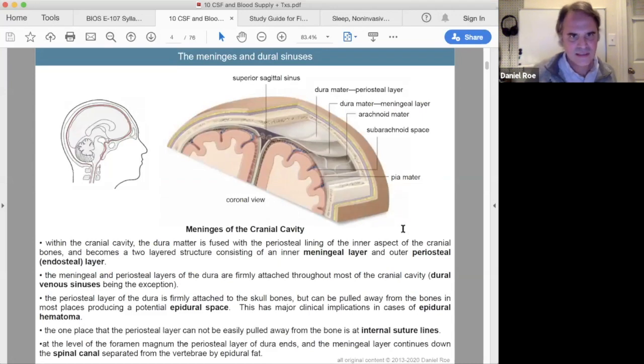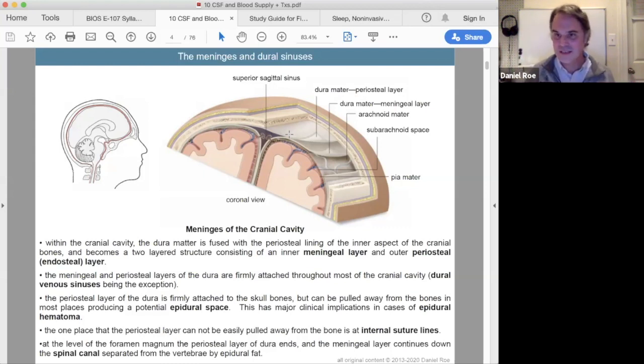Okay, so again, here we're looking at the meninges. You probably learned at some point that they're trilaminar, or maybe you didn't learn that. One of the challenges of this course is that I've had, in the past, everything from MDs to high school students in this course. High school, undergrad, grad, medical doctors, and they're all here for different reasons.